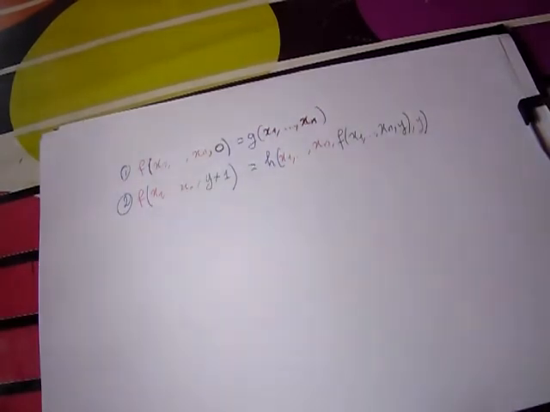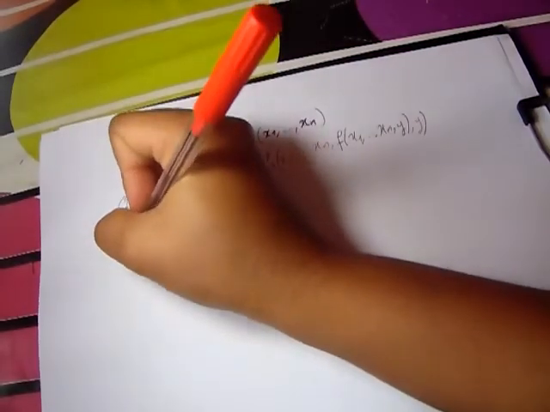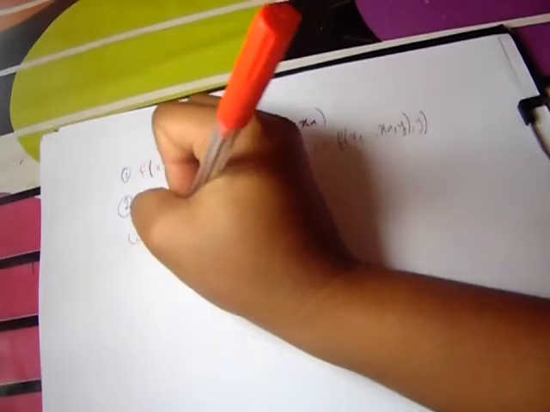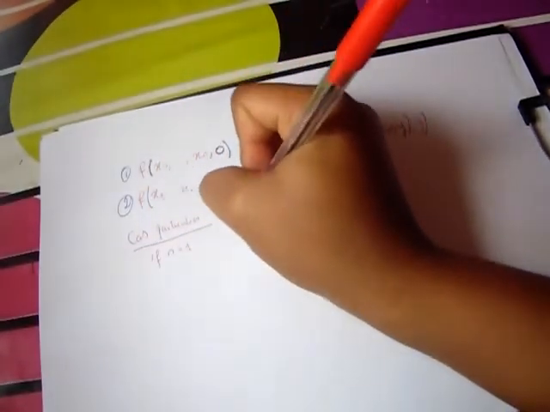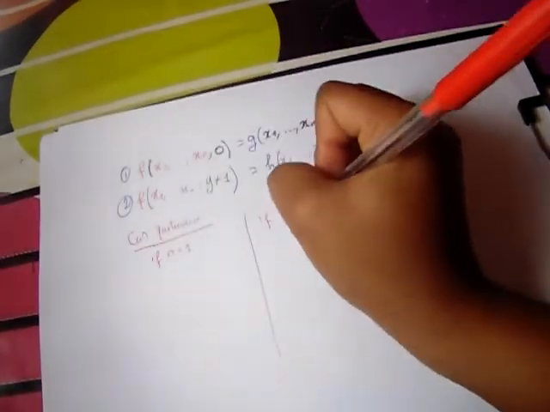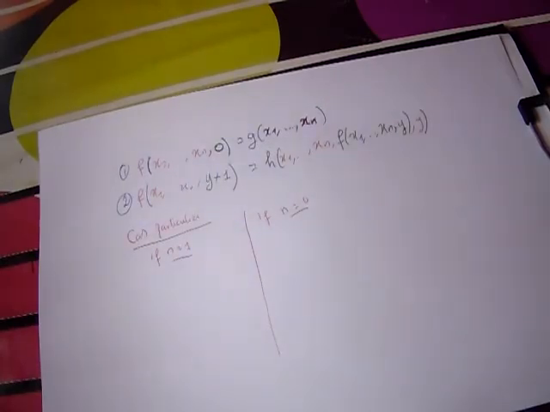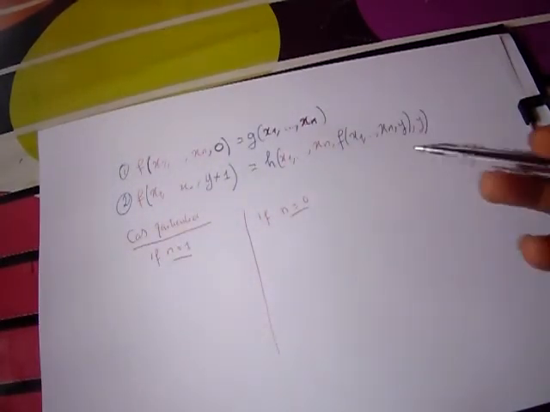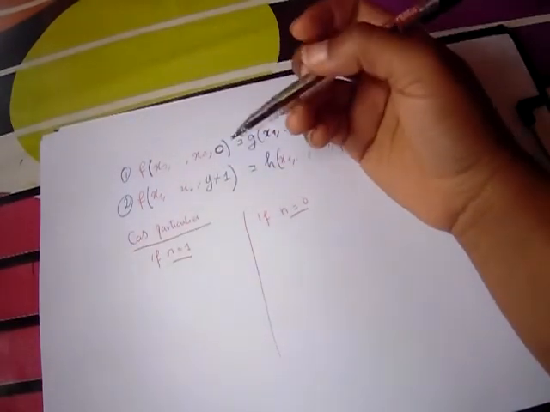I'll give us two examples in Calculabilite, and maybe from there we'll be able to look at the concept of what this definition is actually talking about. We'll look at when n is equal to 1 and when n is equal to 0. So if n is equal to 1, we have f of x1, which we can also say f of x.